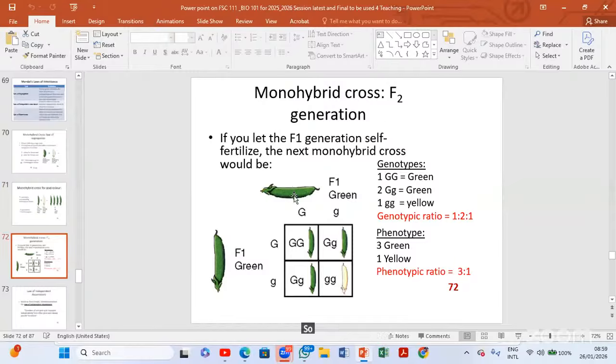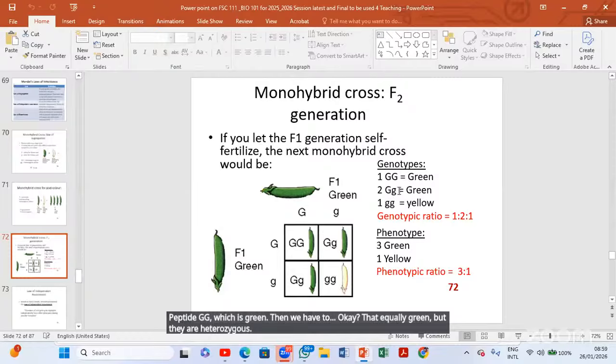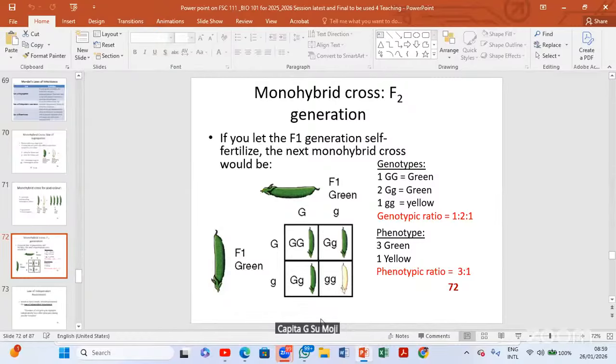So when it crossed the two green F1, which are capital G, small g, it got what we have in this table. The genotype it got is one capital GG, which is green. Then we have two that are equally green, but heterozygous, capital G, small g. And the last one is yellow, which is small gg.